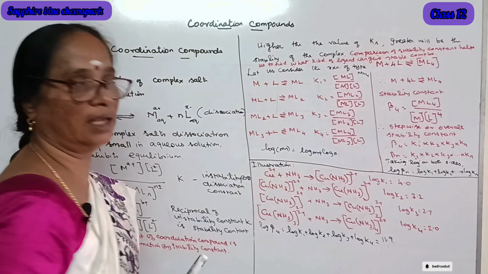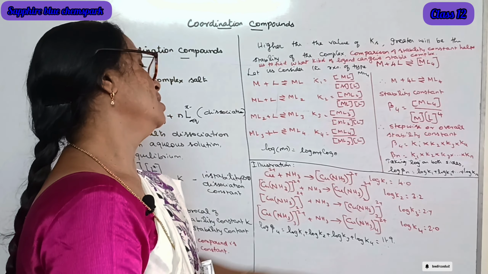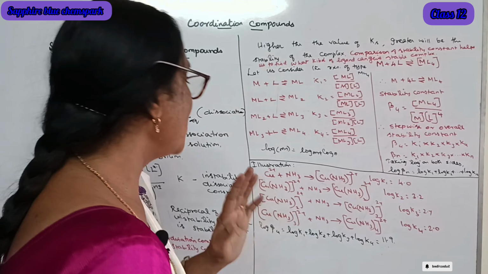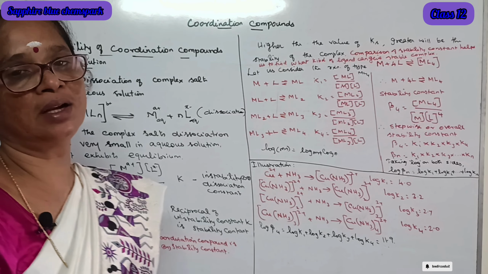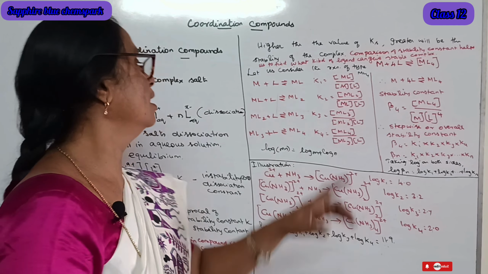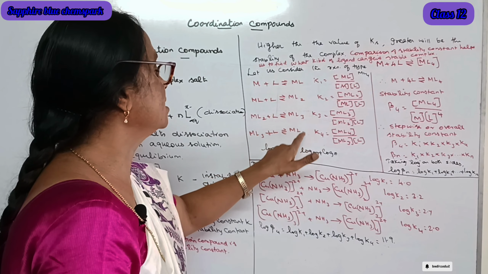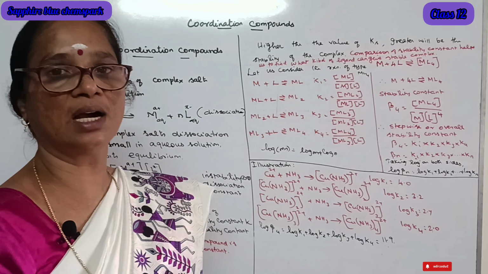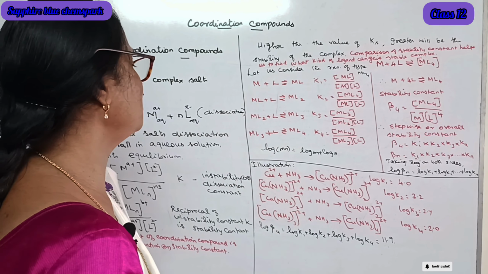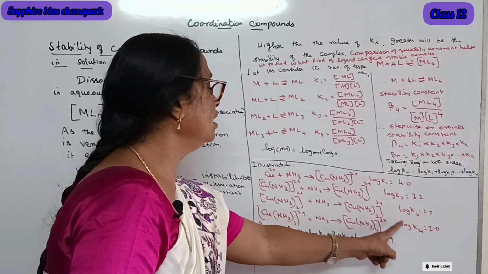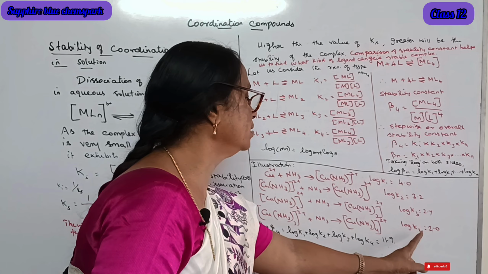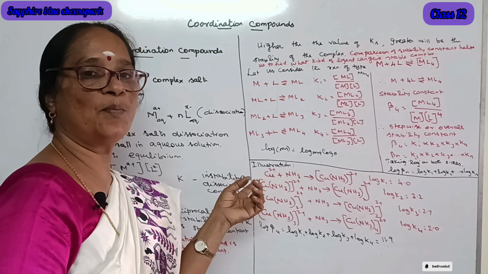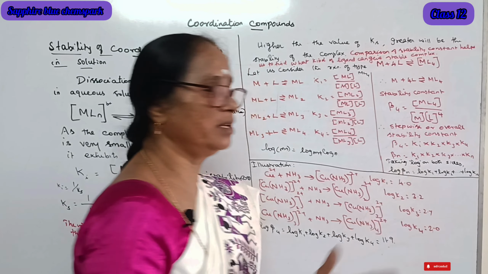plus log Kn. So to explain the stability of the complex, let us take an example. Formation of tetraamine copper(II) sulfate is taken. We need to take the stepwise formation of the tetraamine copper(II) ion. For every step, we have the log of K1, K2, K3, K4. For the first step of formation of the complex, log K1 is 4.0.